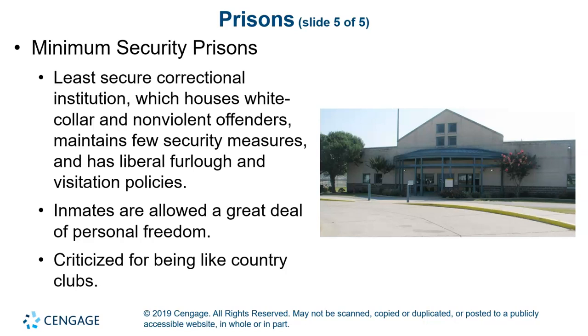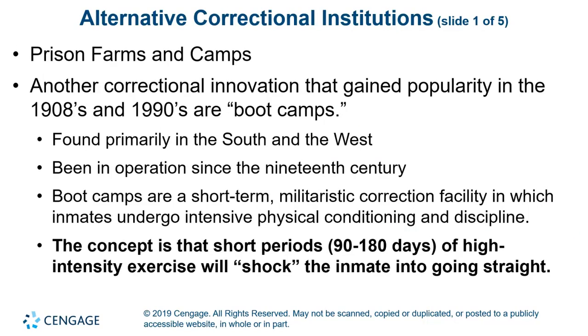Minimum security prisons, again, have been criticized for being like country clubs. And at one time, some federal facilities even had tennis courts and pools, right? And people called these prisons Club Fed instead of Club Med. Yet they remain prisons. So we have these 3 different levels of prisons.